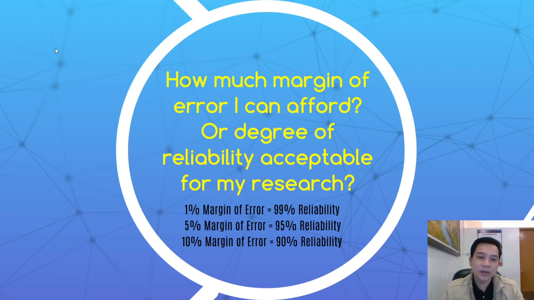So there's a 5% margin of error for that factor, which means correspondingly, it also has an inverse, the degree of reliability for the result. So if you have 10% margin of error, it means simply that there's a chance, let's say for 100 respondents, a chance for 10 of them to have an error result or not reliable. Inversely speaking, that will be 90% reliability.